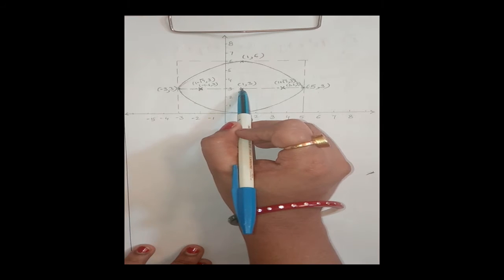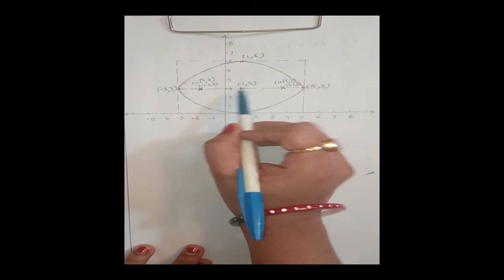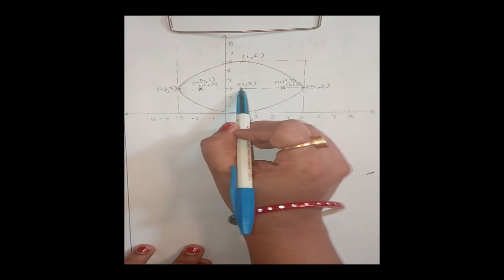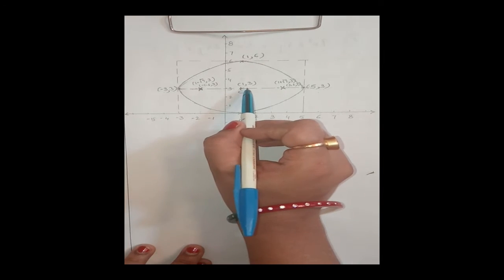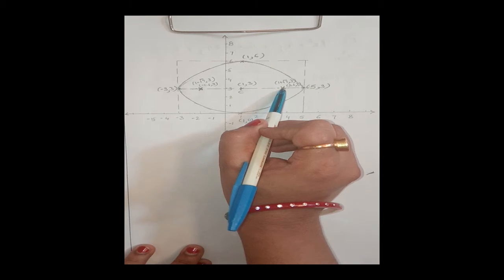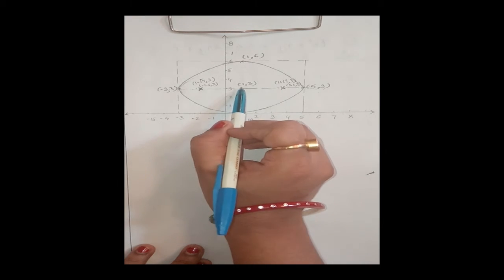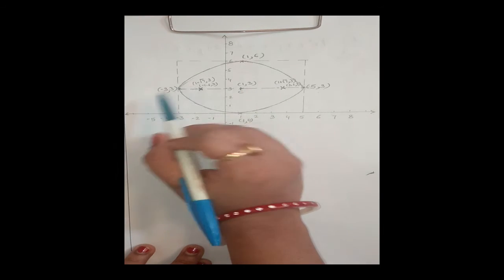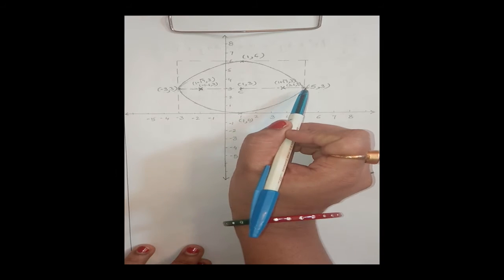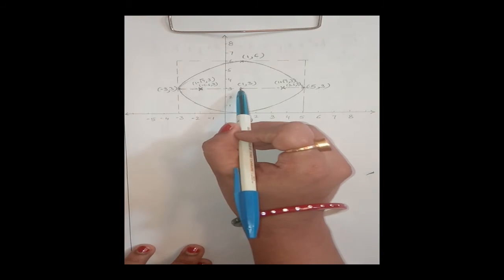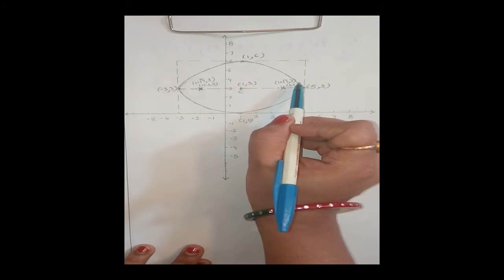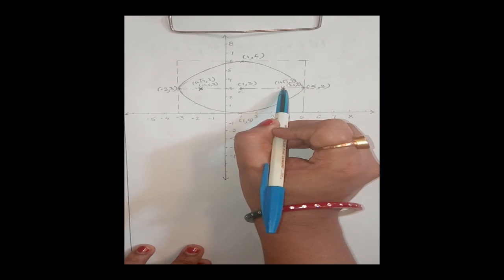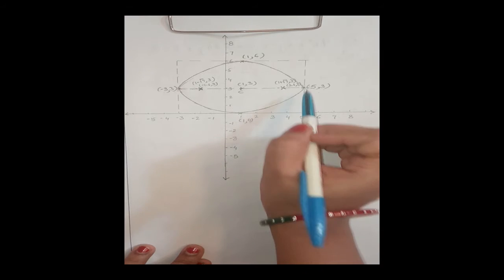Now value of c is square root of 7, which is nearly 2.6. So the coordinates of foci will be root 7 units to the right and root 7 units to the left of the center along the major axis, which is parallel to x-axis here in this case. So 1 plus root 7, that is 1 plus 2.6, that is 3.6, 3.